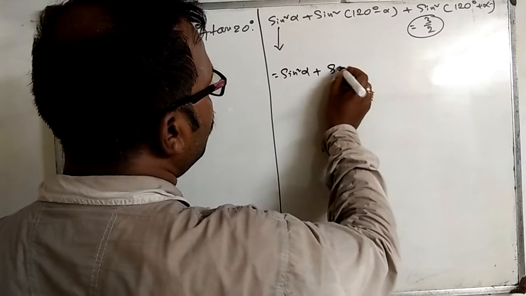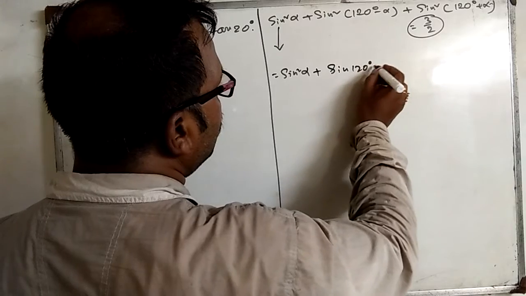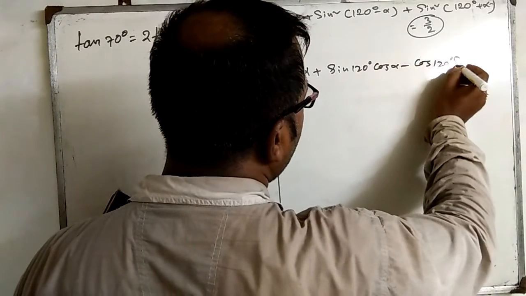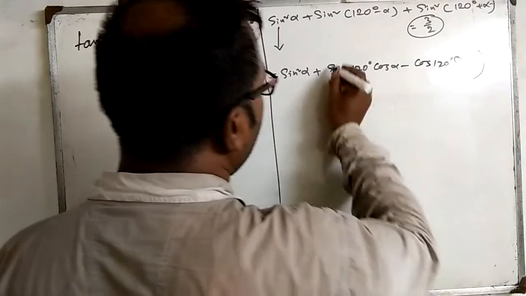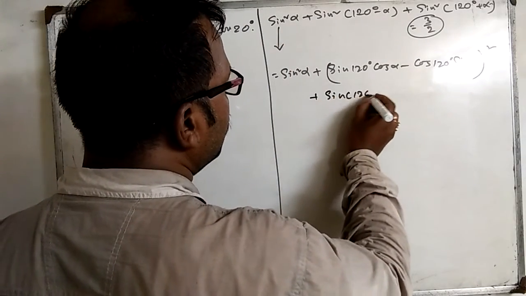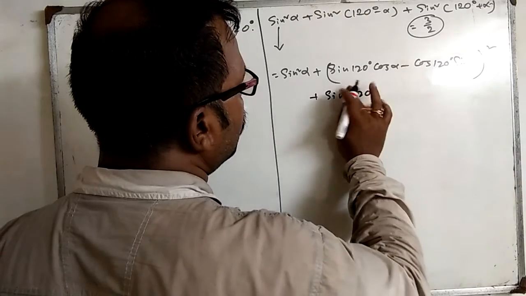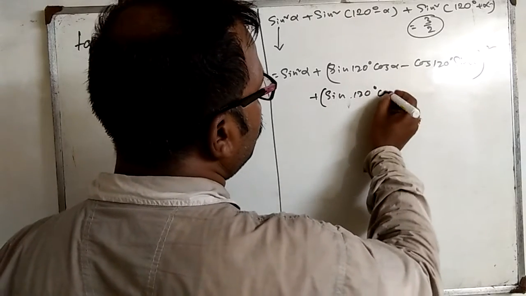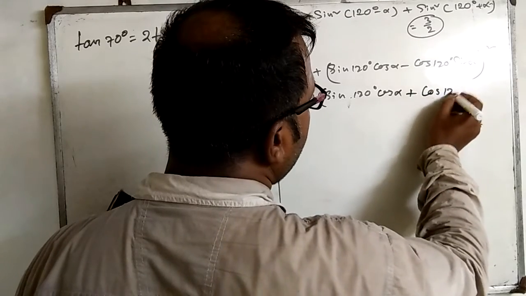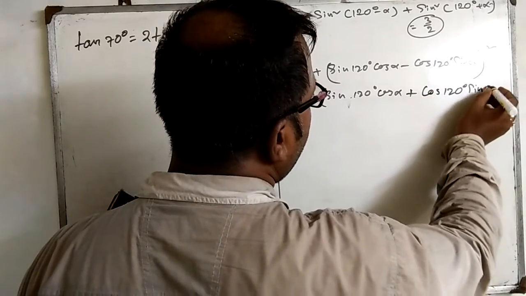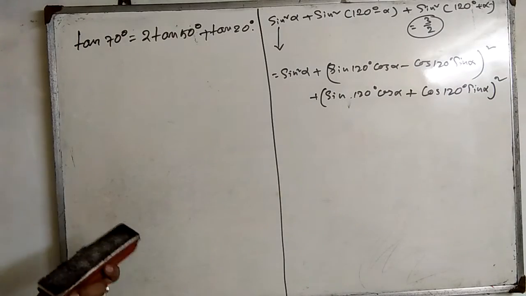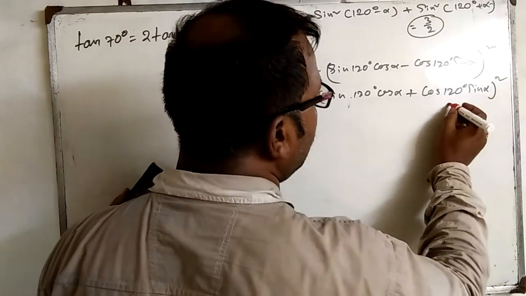So sine 120 cos alpha minus cos 120 sine alpha whole square, and plus sine 120 cos alpha plus cos 120 sine alpha whole square.